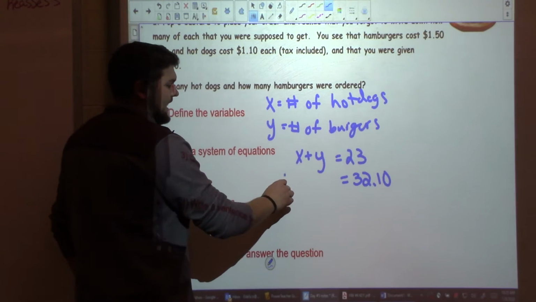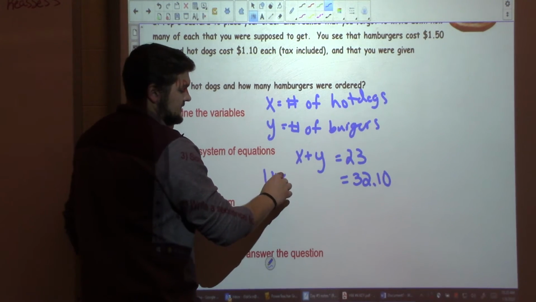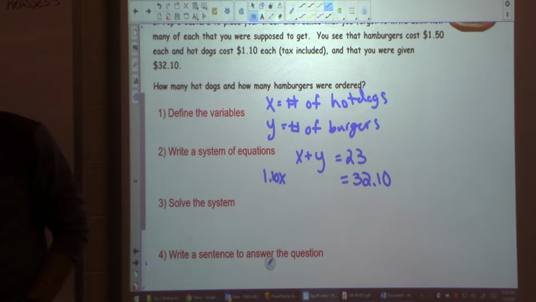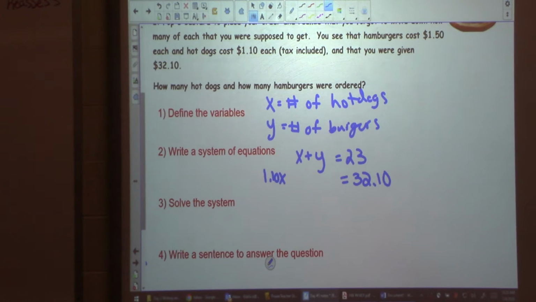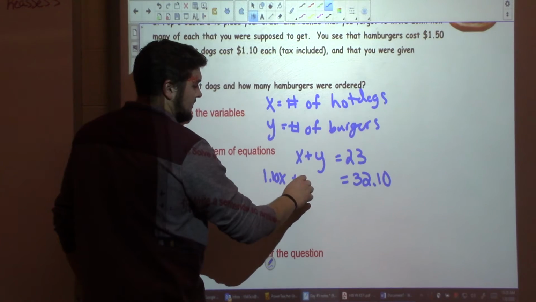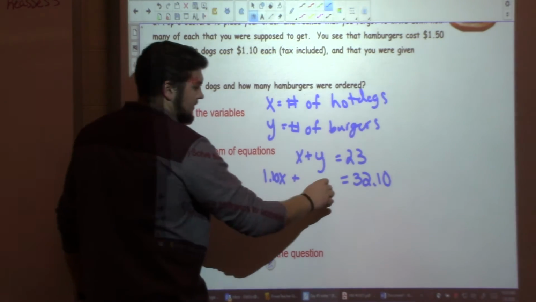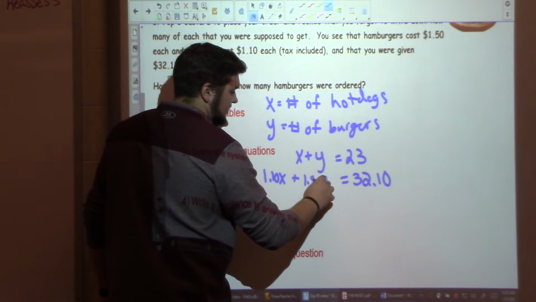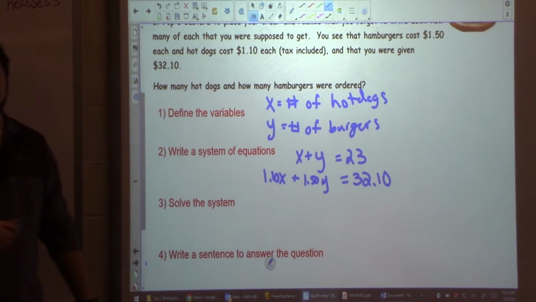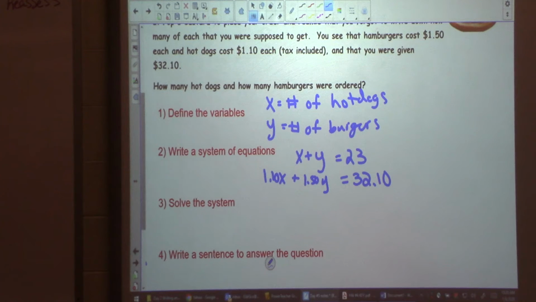So for every x, it's $1.10. So 1.10 times x plus, how much does a hamburger cost? $1.50. So for every y, I pay $1.50. So 1.50y. And those are my 2 equations in my system.